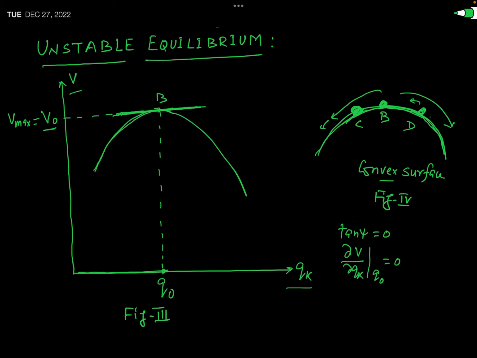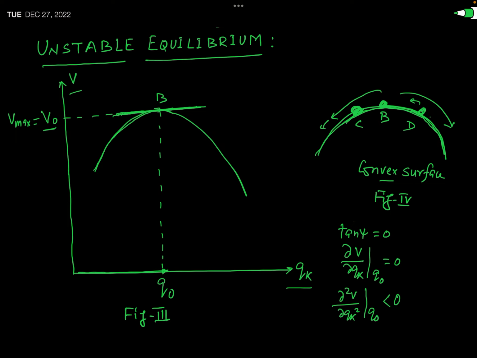At the same time, when you find the second order derivative, that is del 2V by del qk square, when qk is equal to q naught, it is found that this will be less than 0, that is negative. And if it is negative, according to the condition of maxima, this potential energy function will be maximum. So this point B corresponds to the maximum potential energy of this function.